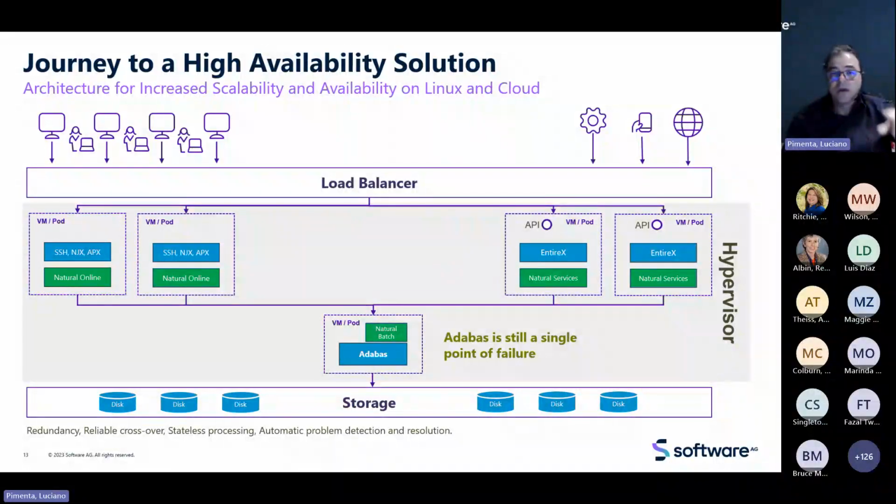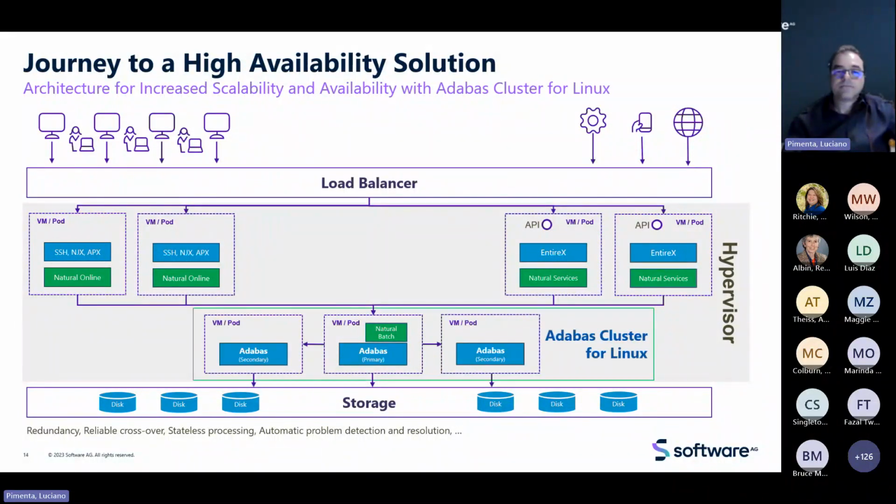But as you see, Adabas can still be considered a single point of failure in this design, meaning we can only have one single Adabas nucleus running for that particular database. To overcome this issue, we introduced Adabas Cluster for Linux. The solution allows multiple copies of the same database to run in parallel in different environments, or even in different data centers.